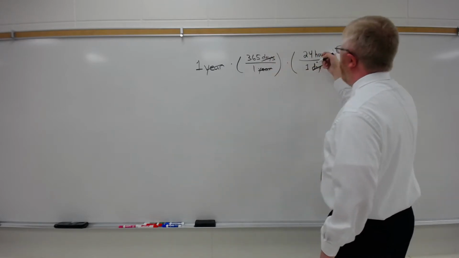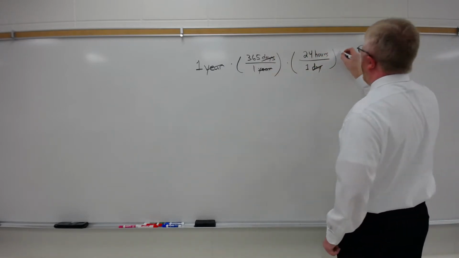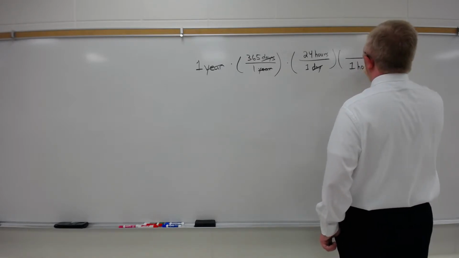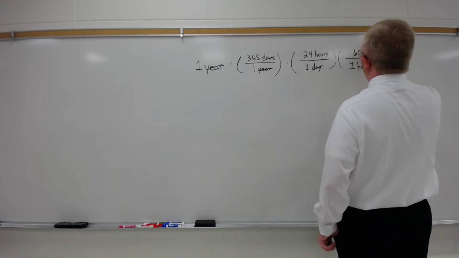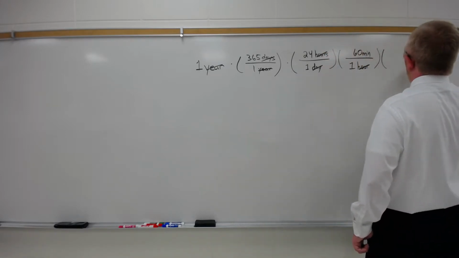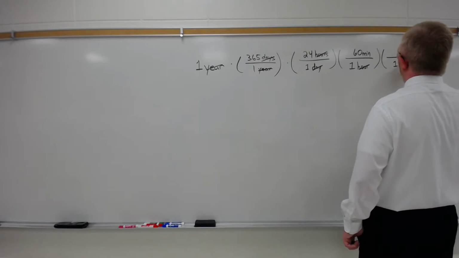Days will cancel. I end up with hours. I don't want hours, I want seconds. So I'm going to get rid of hours, so 1 hour is 60 minutes. Almost there. Multiply it by one more ratio, 1 minute is equal to 60 seconds.